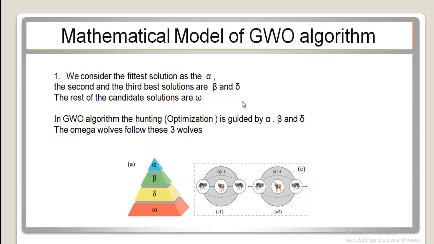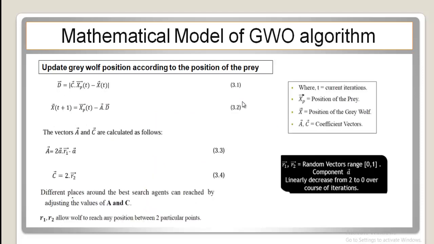Let's go into the details of the mathematical model of the gray wolf optimization algorithm, where we will look at the specific equations that govern how each agent updates its position in the search for the optimal solution.